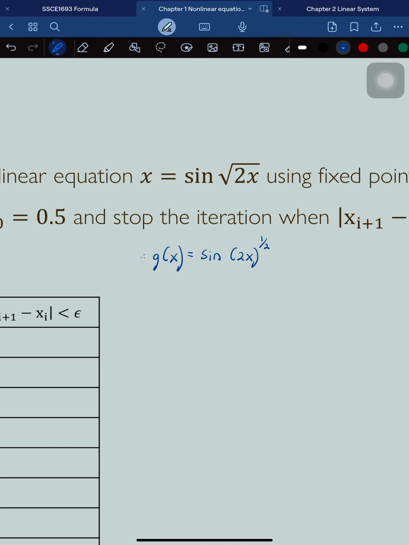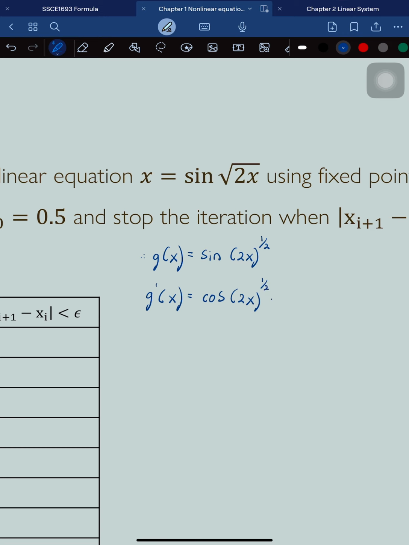So differentiate. So g prime x will be equal to, differentiate sine, and then we get cos u. By division u, I can get half cos 2x.